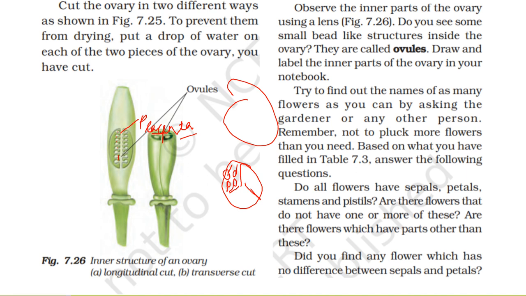The example is brinjal or eggplant. When you observe an eggplant, the green sepal is attached to it, right? So that is the sepal which is attached, it's not free, it's joined. Similarly, in some flowers the petals are joined too, or they may be of different shapes and sizes and in different arrangements.